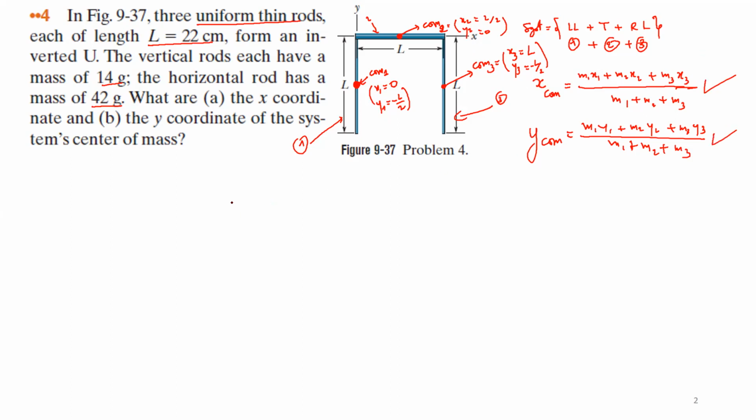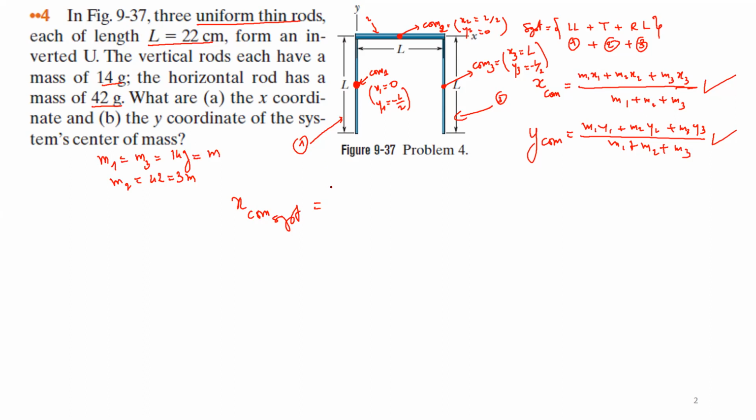Now the x component of the center of mass of the system will be m1. m1 is equal to 14. Okay. By the way, I will say just m1 is equal to m3 is equal to 14 grams. And m2 is equal to what? 42, which is 3 times m, m being m1 and m3, basically 14.